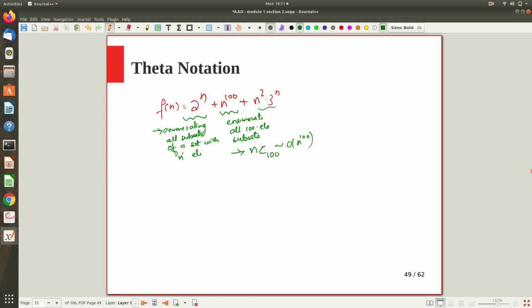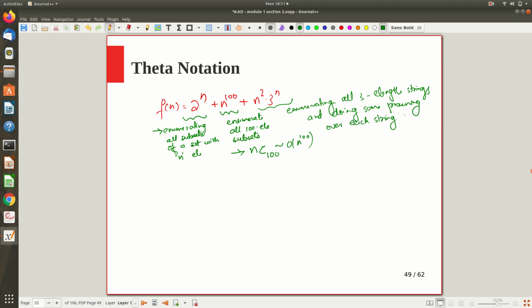So here this could be enumerating, similarly, all 3 length strings and doing some processing over each string.